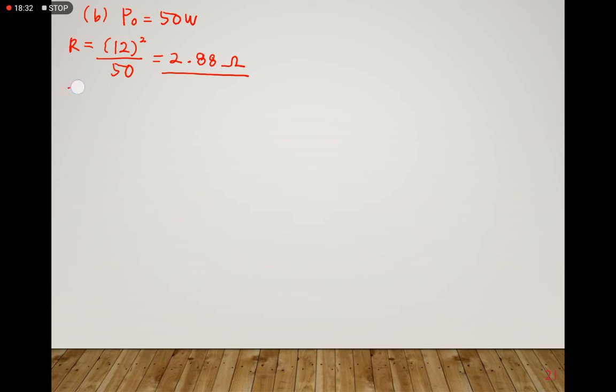So the first change will be your inductor current. Here, this 2.88 is the R that will affect the value of your inductor current.